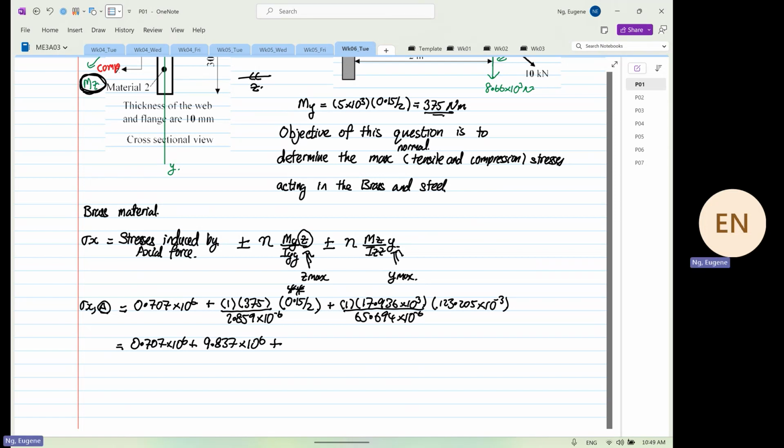So this will be equal to 33.638 times 10 to the power 6. Okay, so 0.707 plus 9.837 plus 33.638 is equal to 44.182 positive times 10 to the power 6 Pascal.